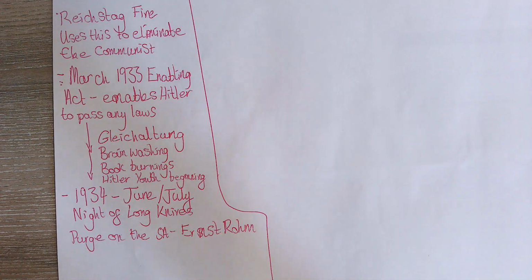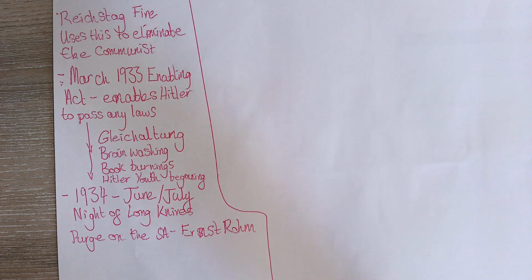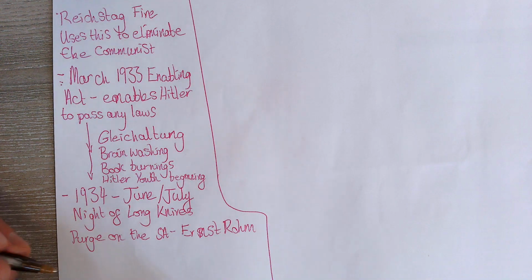And the SA is basically eradicated. The SS is given more powers. Of course, that's led by Himmler. And that's going to be important later on with how Hitler establishes control over Germany.